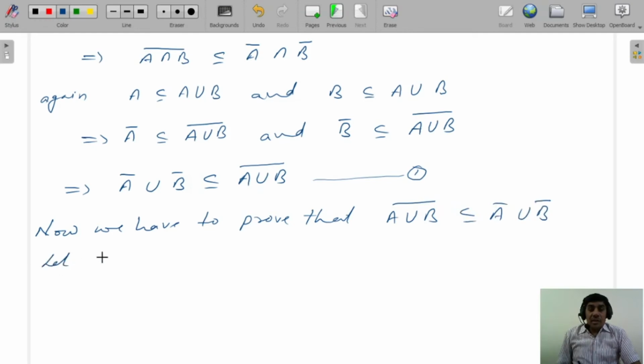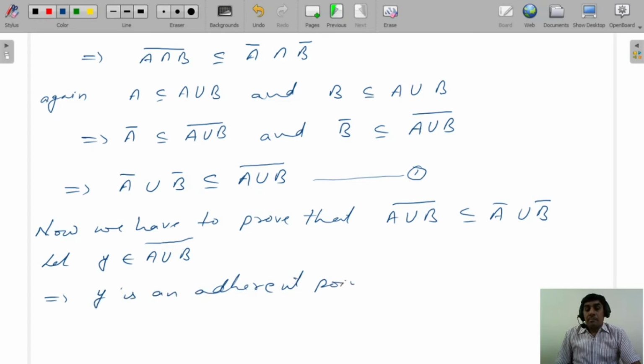Let y belongs to closure of A union B. This implies y is an adherent point of A union B, that is, sphere centered on y with radius r intersect with A union B does not equal to phi.